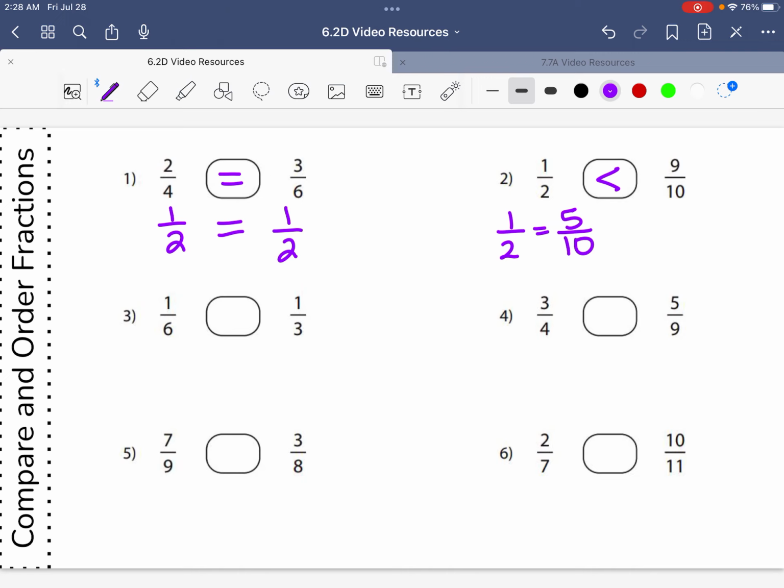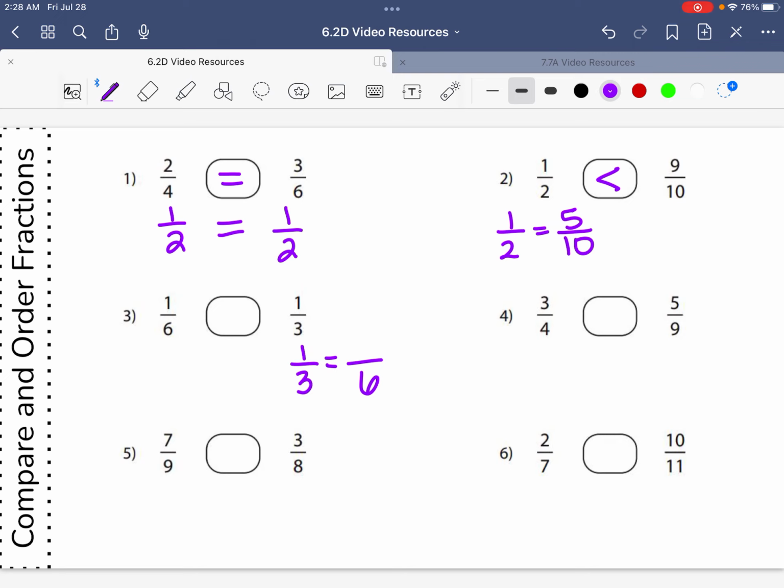So I'm going to take the same kind of thinking when I look at number 3. I see I have 1/6 compared to 1/3. I cannot simplify either of these down any further, but I see that I can take 1/3 and find what that is equivalent to out of 6.